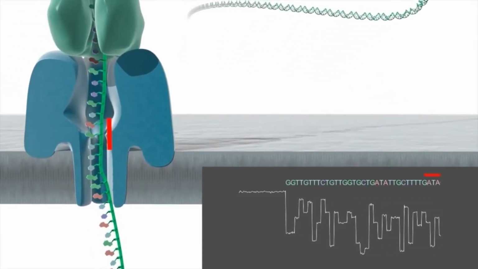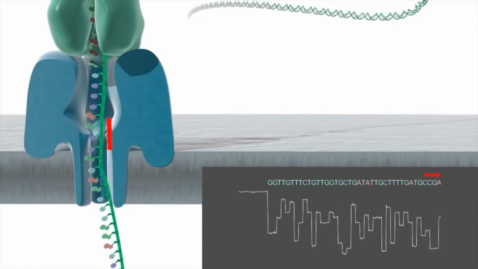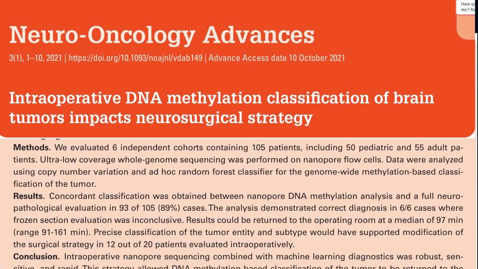So you can do this without a lot of the classic procedure of the bisulfite conversion and all that. And the nanopore is very rapid as well. This is one of the coolest things I've seen in molecular in recent years: they could do it so quickly that it can be done intraoperatively, while they're doing a brain surgery, to figure out what it is.